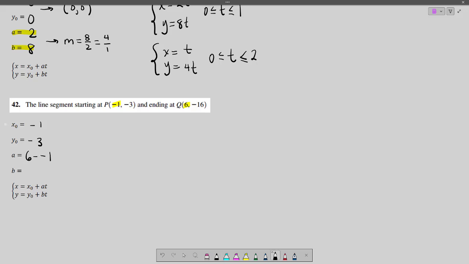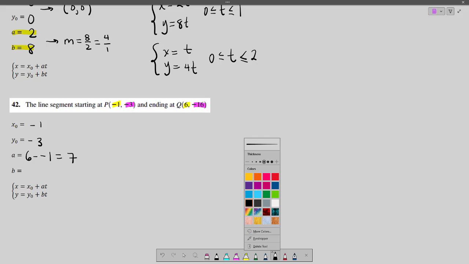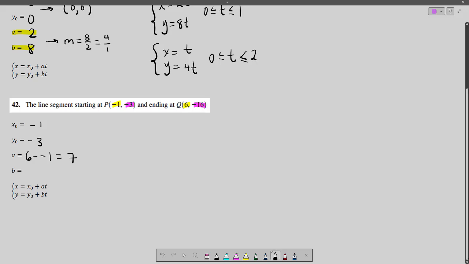So we're going to go 7 to the right. And then b is going to be starting at -3 and getting down to -16. And the algebraic way that makes it simple is to just do that one minus that one. So -16 minus -3 is going to be -13.